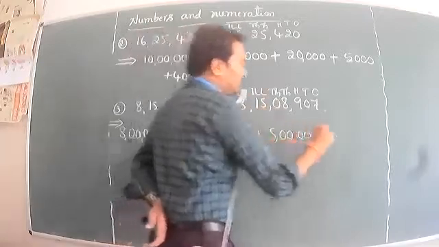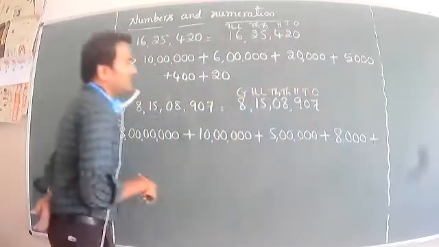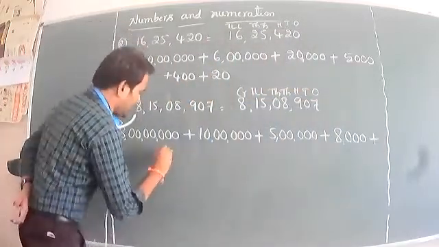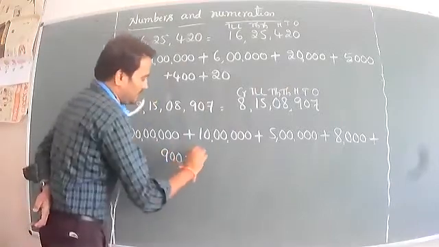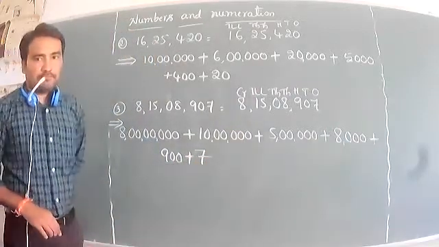Go for 1,000, plus then 900. 900 plus tens place is not there. Directly we write the ones place. This is the expanded form.